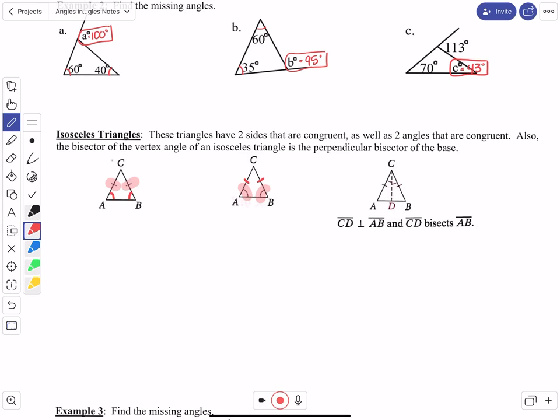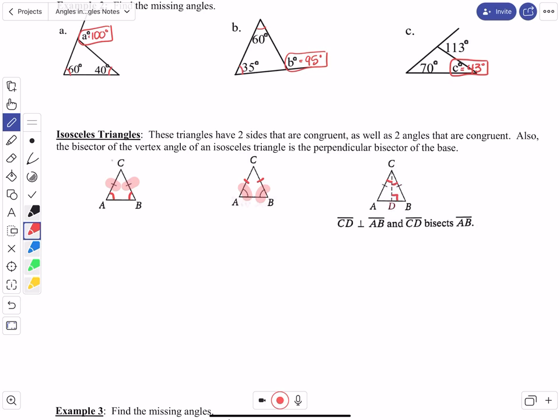They go together. The bisector of the vertex, over here in this third picture, of an isosceles triangle is the perpendicular bisector of the base. If it bisects it, meaning that it's cutting this angle in half, meaning this angle and this angle are congruent, then we know that it's going to be perpendicular.